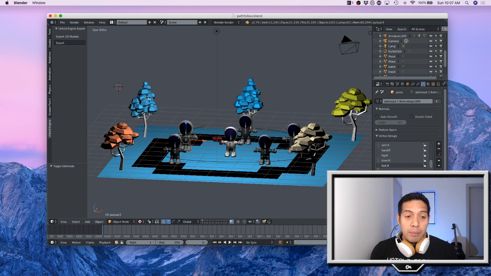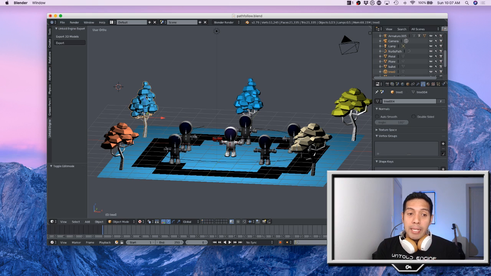The trees here will be bounded by an AABB boundary volume. The reason I do that is, number one, the trees are static, they don't move. And number two, you don't want to bound this type of entity with a sphere, because it's going to take too much space. Instead, you bound the whole entity with a box.